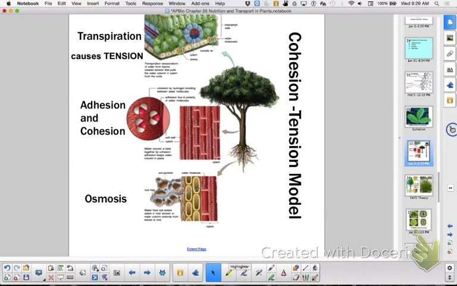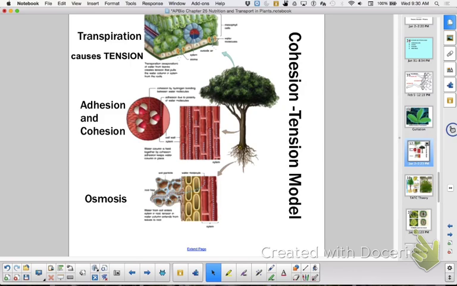All right, so transpiration is the evaporation of water out open what? Stomata. And we know that one water molecule is always connected to another water molecule via what kind of bonds? Hydrogen bonds. And the reason why water forms them easily is because what kind of molecule is it? Starts with a P, polar.